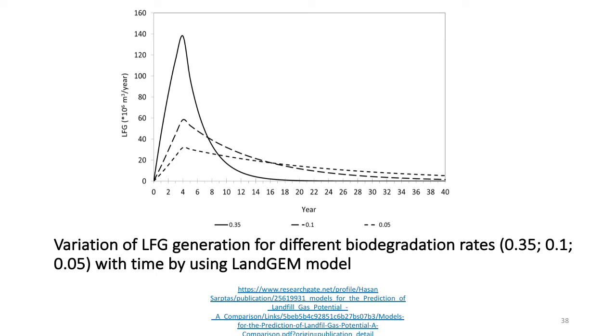So the landfill operation, as we can see in the first year, the generation is approximately 44 million cubic meter, and then it keeps on increasing until the last year of the operation. In the last year of the operation, approximately 138 million cubic meter of LFG is generated for high decay rate, and after the closure of the landfill, the amount of gas is reducing for all the decay rates.